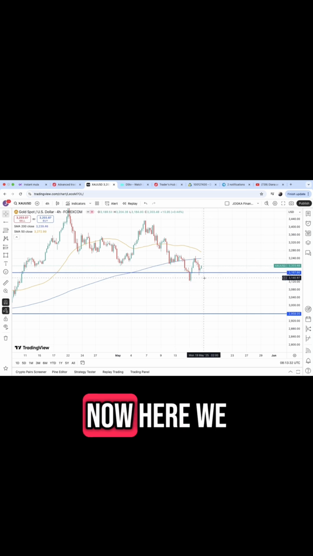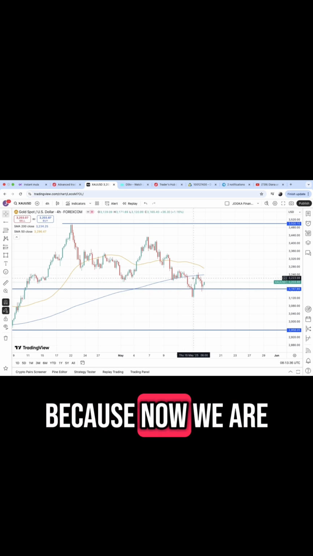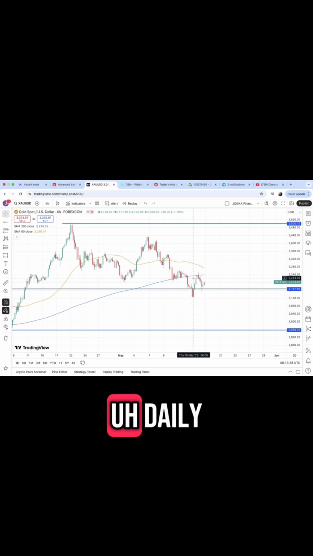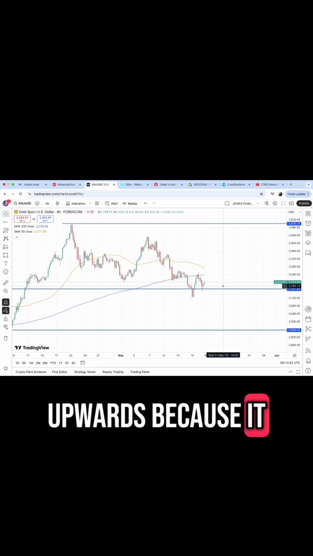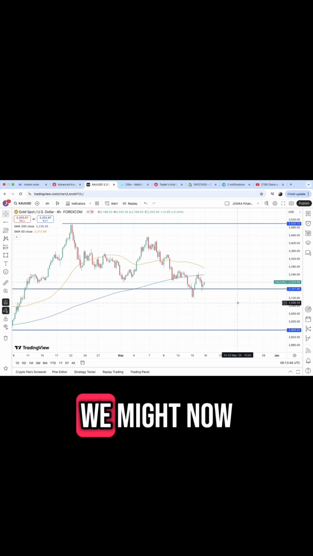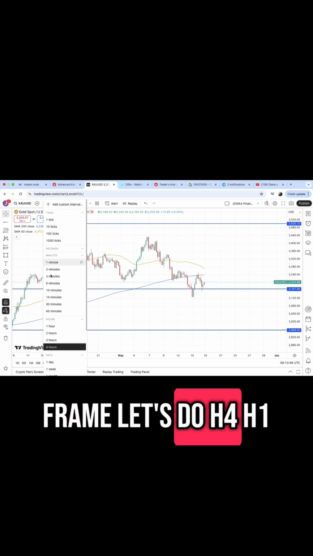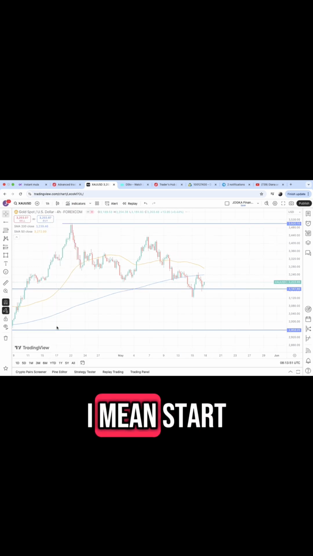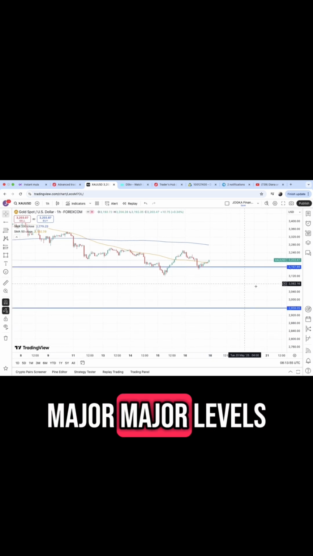Now here we are going to still switch, because daily and weekly have shown us that gold might still be trending upwards since it closed above 3,167. We might now try to go into lower time frame. Let's do H1 to start marking our levels, our major levels.